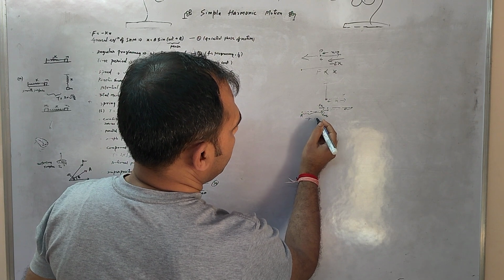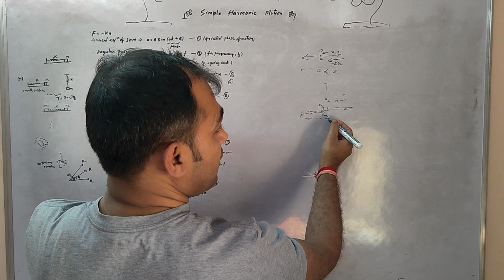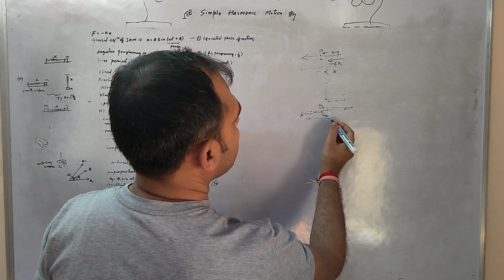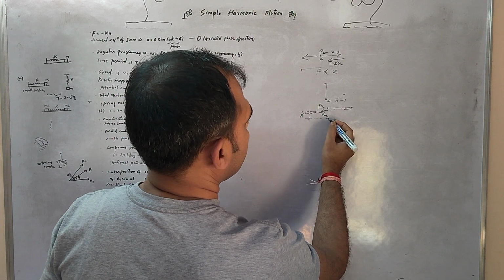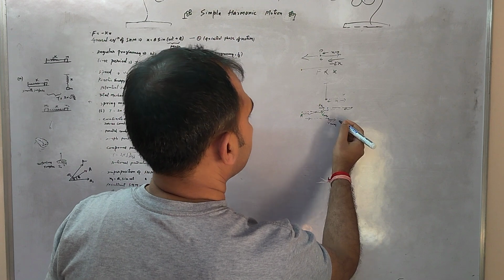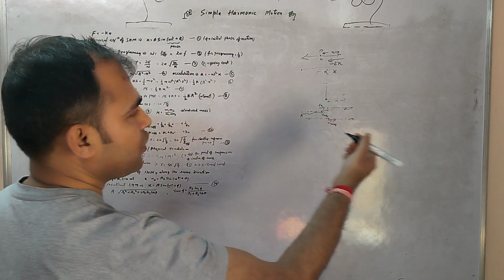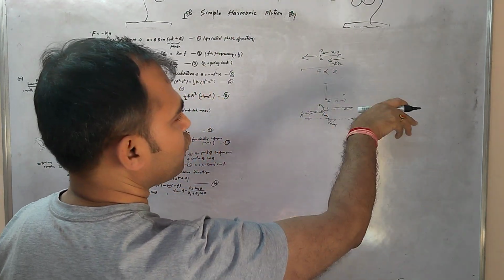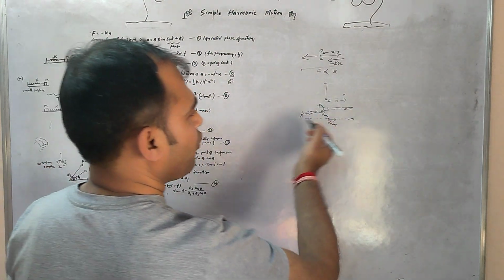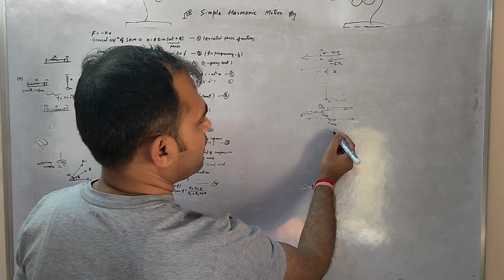Again it will go up to the center. Here restoring force will again become 0, but again the similar situation, that it has already achieved velocity, so this will compel it to move again towards this. So this is a periodic motion and the particle will keep on moving to and fro around this point.